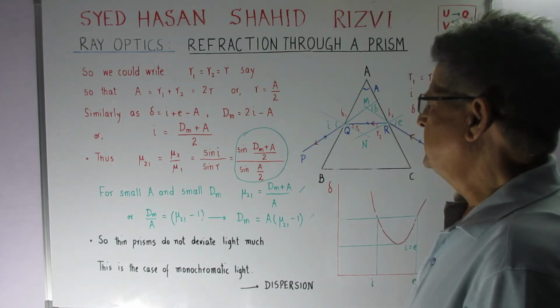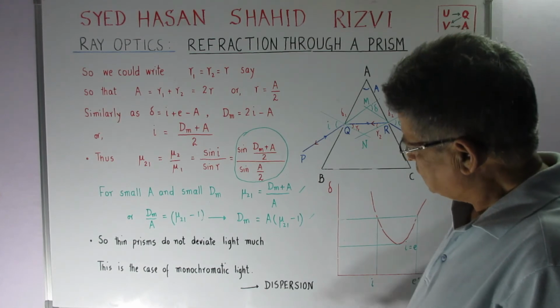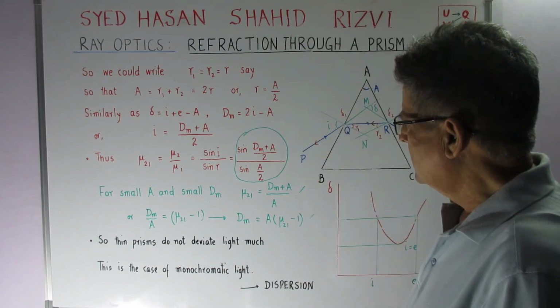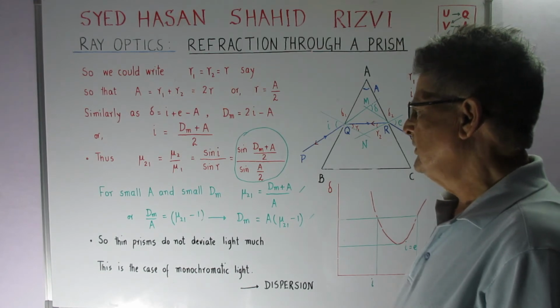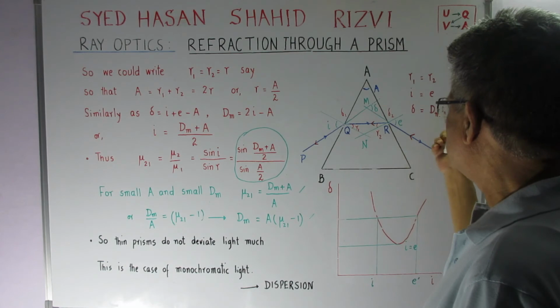Even if it is the two distinct wavelengths of a yellow light, there will be a dispersion in the two colors.